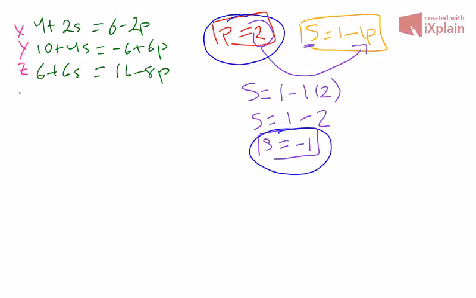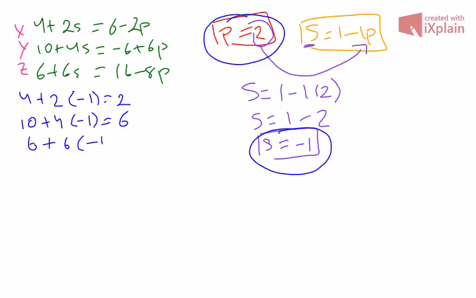So 4 plus 2 times negative 1 is equal to 2. 10 plus 4 times negative 1 is equal to 6. And 6 plus 6 times negative 1 is equal to 0.